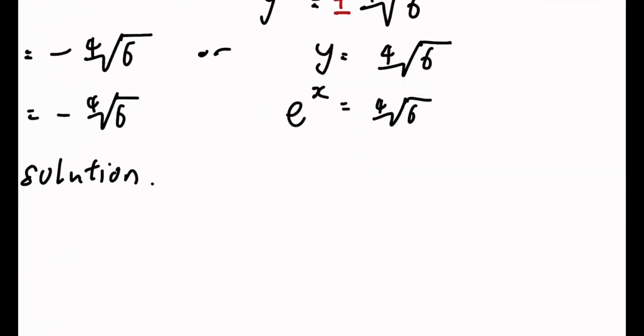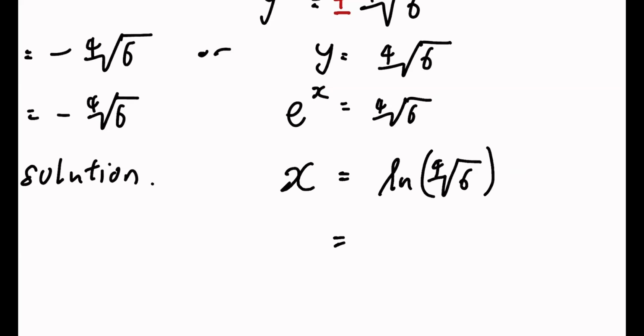And the answer is, you don't know how to solve it now, but you will learn it eventually. It's ln of the 4th root of 6, which is actually the same as ln6 raised to the power of 1/4. But you can bring the power down. You will learn this in the future. So 1/4 multiplied by ln6.